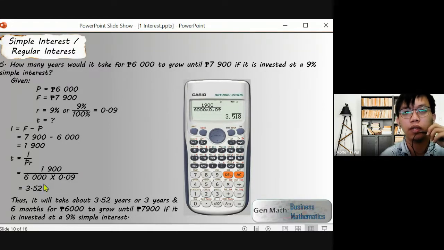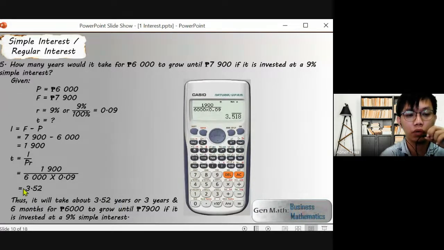So, we can just express our final answer into decimal places. So, we can have here 3.52 instead of 3.518. And then our length of time will be, just take this value as our length of time, or that will be length of time in years, of course, in years. That is, thus, it will take about 3.52 years.